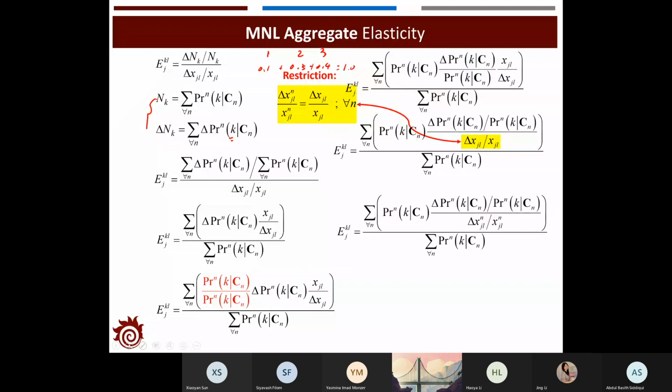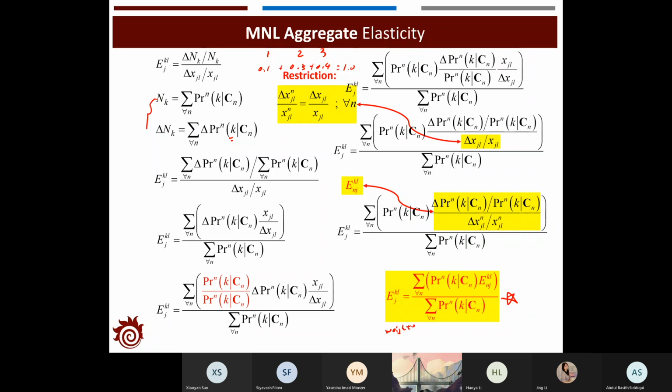The equation we get is that the aggregate elasticity is the weighted elasticity of the individuals, and the weight is the probability of the alternative K for each individual.